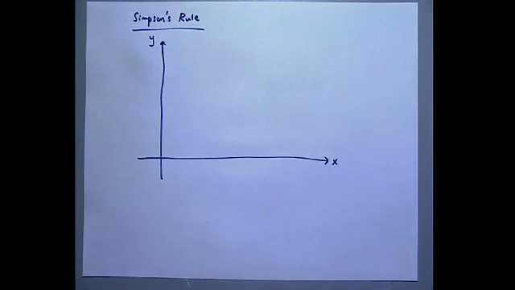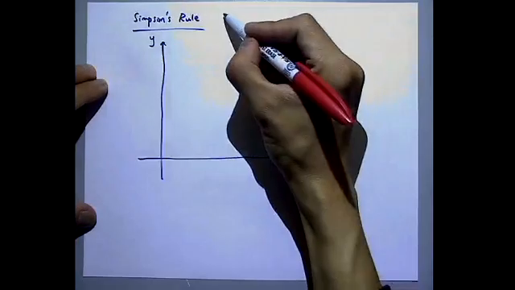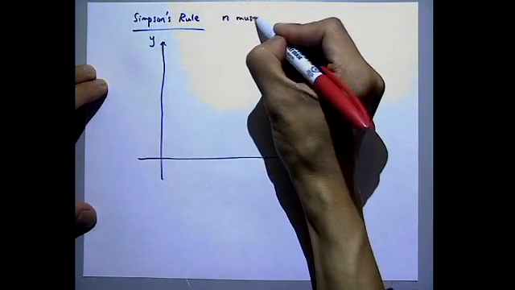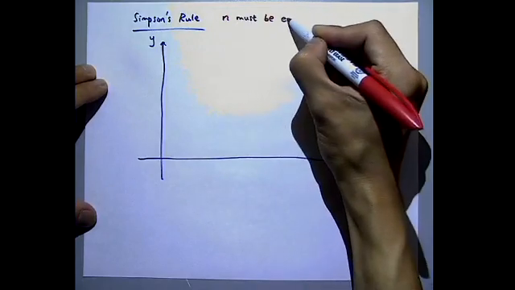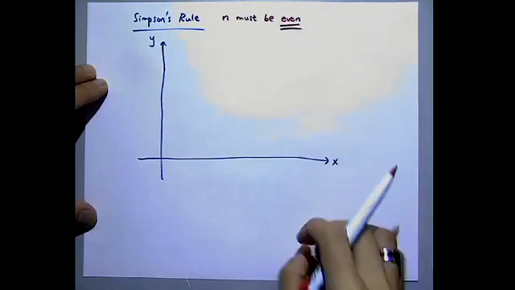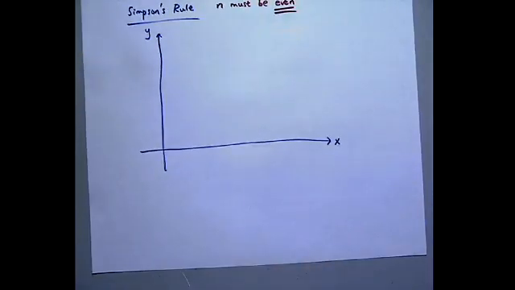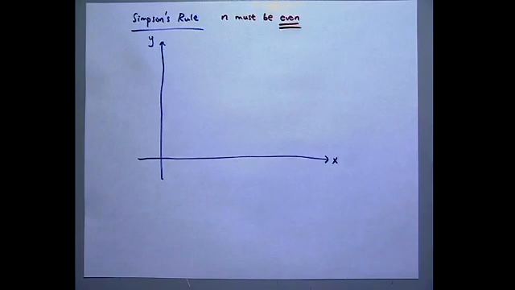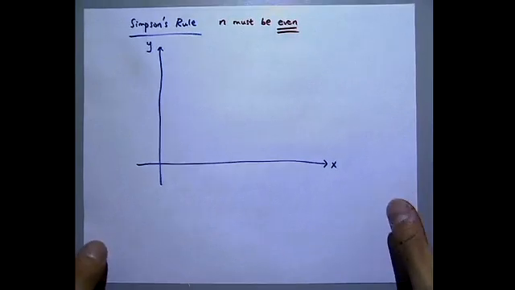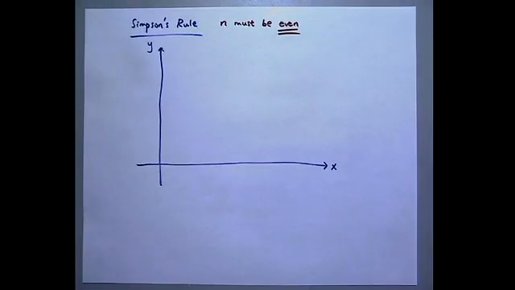Simpson's rule has a very important restriction. The number of subintervals you choose to use has to be even. Midpoint and trapezoidal rules don't care even or odd. But for Simpson's to work, it has to be an even number of subintervals.